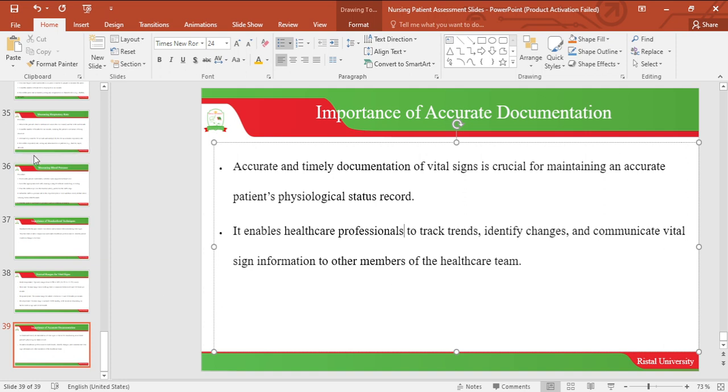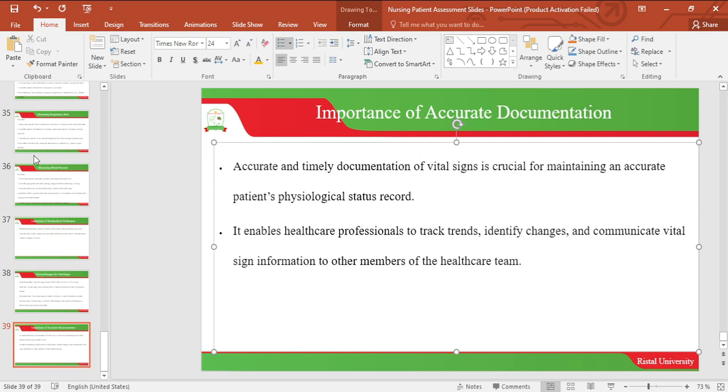In summary, we defined nursing patient assessment. We also looked at the scope of patient assessment. We looked at the principles of nursing assessment.